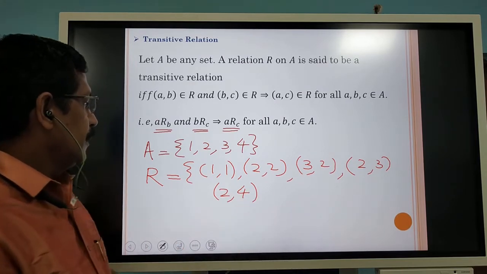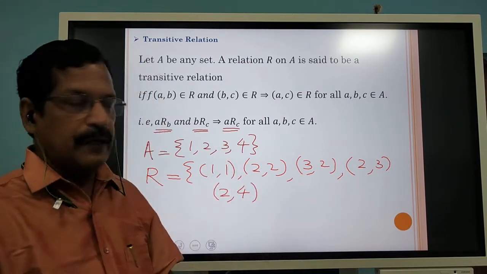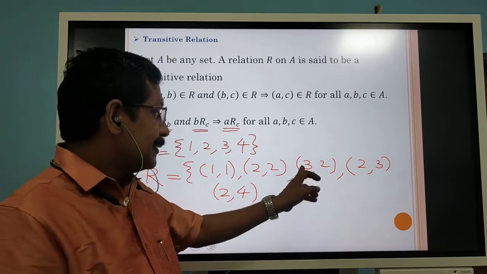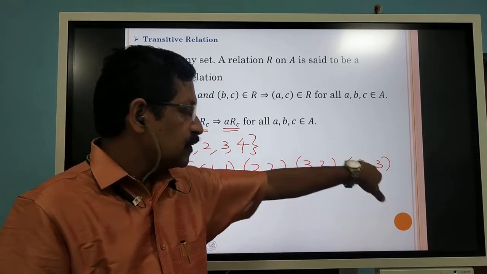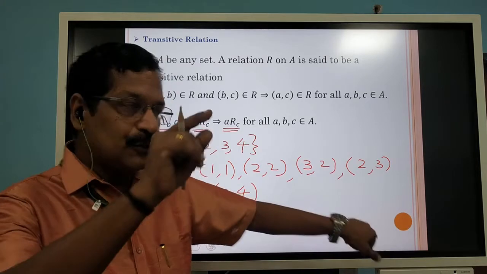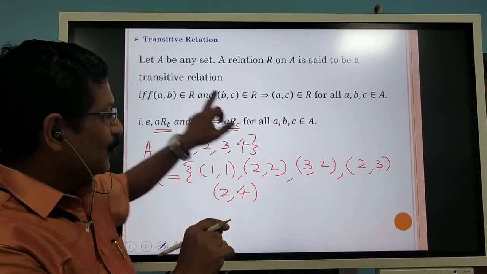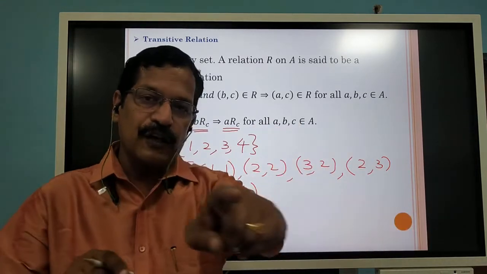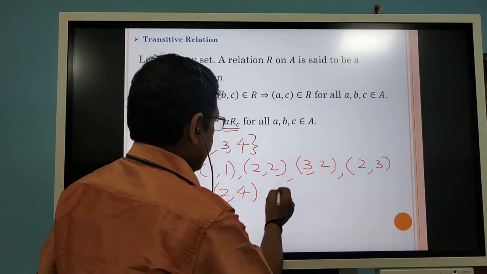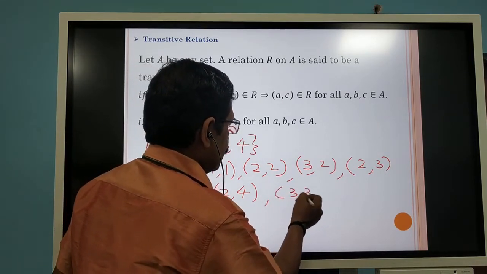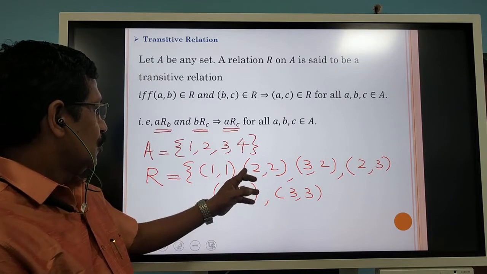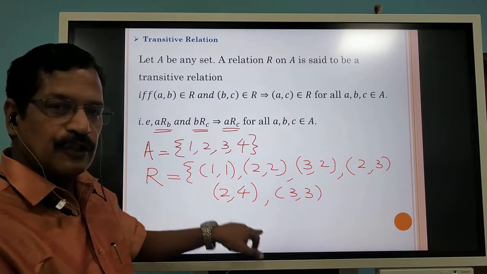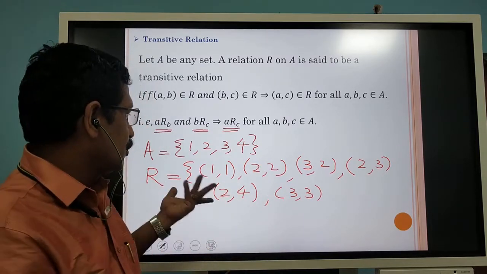Let us see. Now 1 related to 1, 2 related to 2, 3 is related to 2, 2 is related to 3. Then to make it transitive, 3 should be related to 3 also. So I have to write 3 related to 3. Then 2 is related to 2, 2 is related to 4, so again 2 is related to 4.